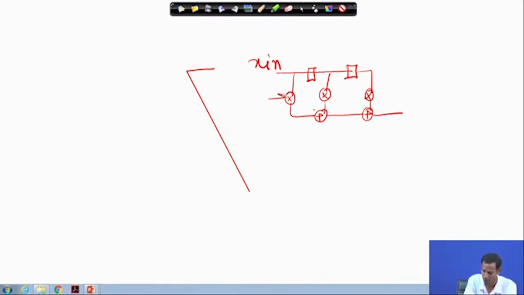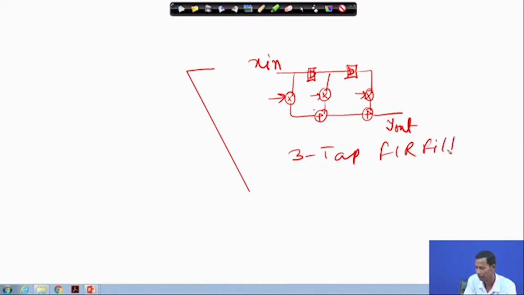These are the filter coefficients, these are the registers, and this is the Y out. This is nothing but a 3-tap FIR filter architecture.